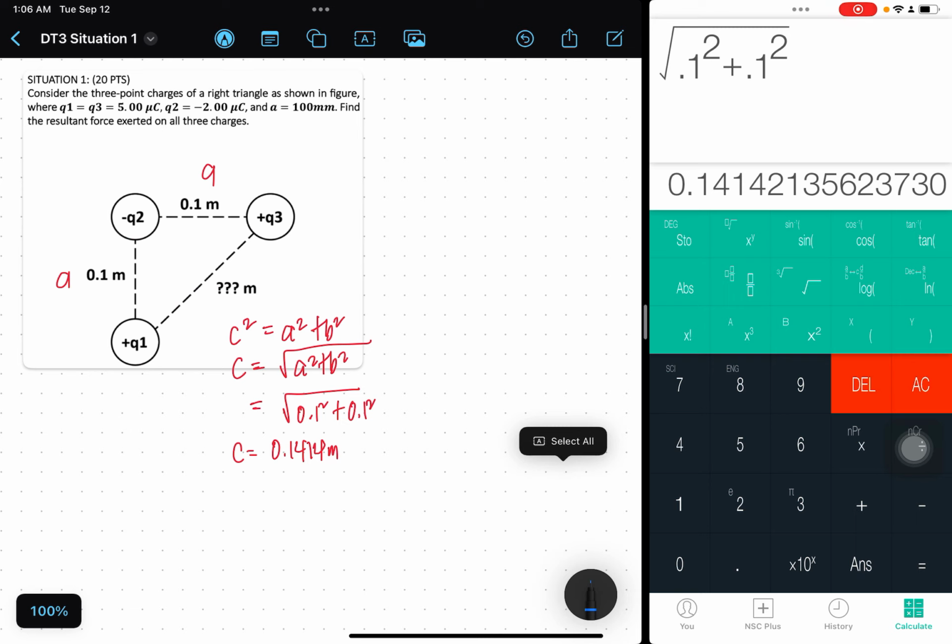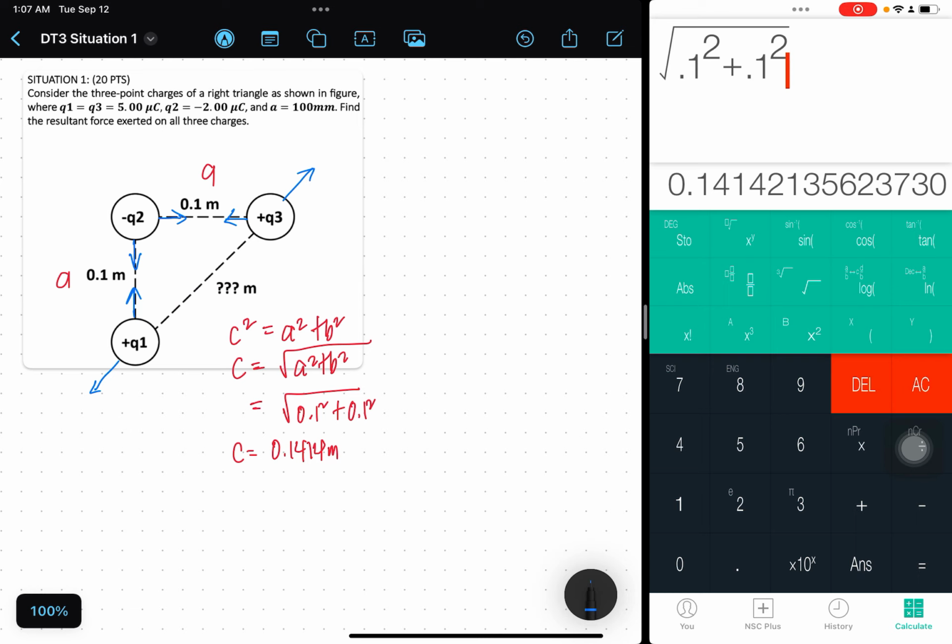Using our diagram, Q1 is positive and Q2 is negative, therefore they will attract each other. Same with Q2 and Q3, they attract. However, Q1 and Q3, when they interact, both repel because both are positive. Those arrows represent the direction of their forces.